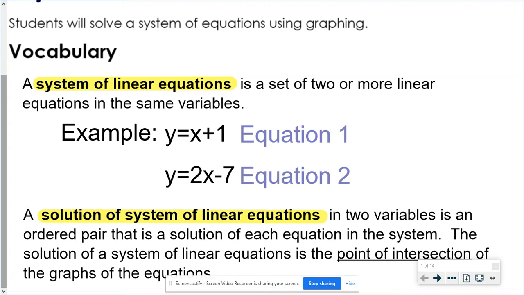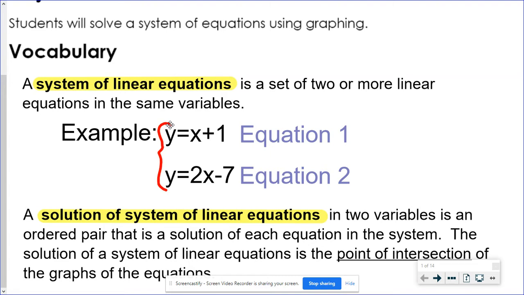When I have two equations, I want to find the point of intersection. I want to find the point that they share, if they share any points. Sometimes when we write these systems, we might have a set bracket on one side like this. It's not always written like that. I just want you to be aware that it can be written that way.